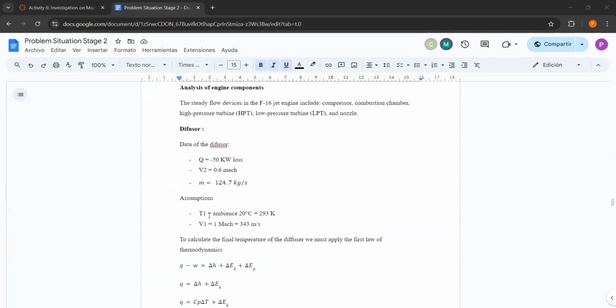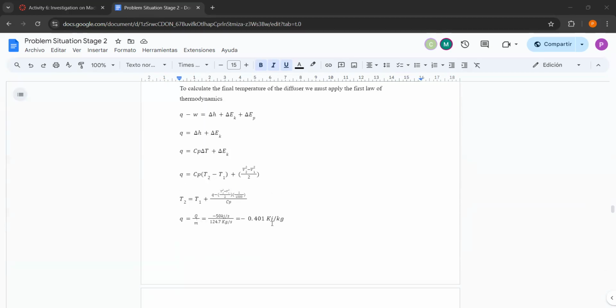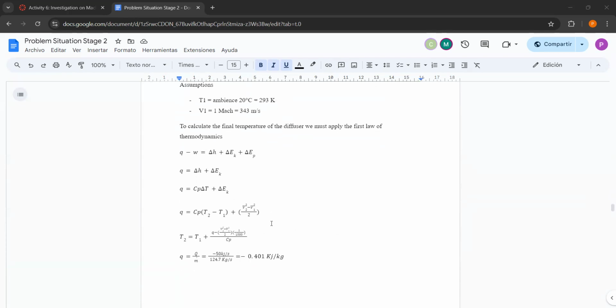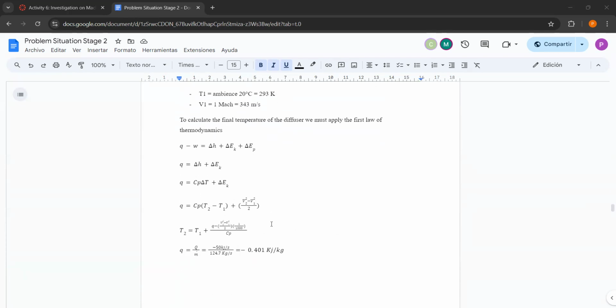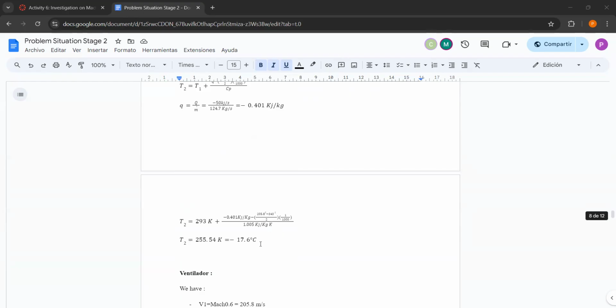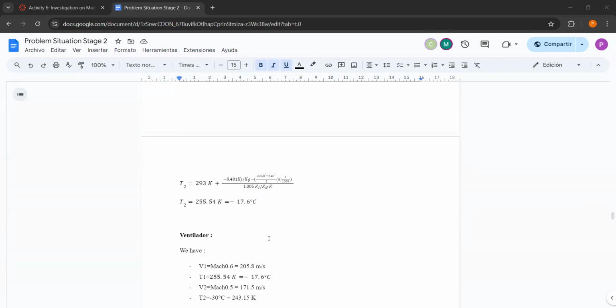Our assumptions were that the temperature one was ambient 20 degrees, so it equals 293 Kelvin, and the velocity one is 1 Mach, 343 meters per second. We apply the first law of thermodynamics, and the final temperature gave us minus 70.6 degrees Celsius.